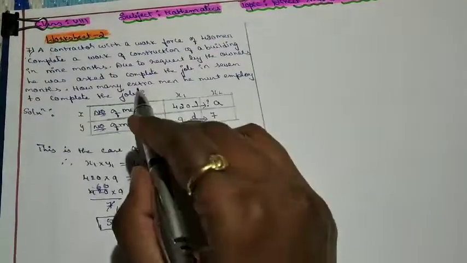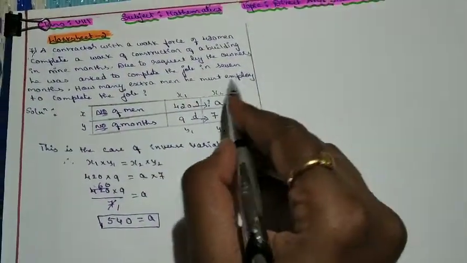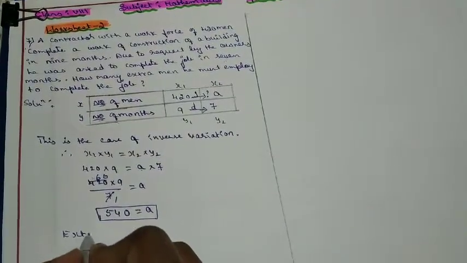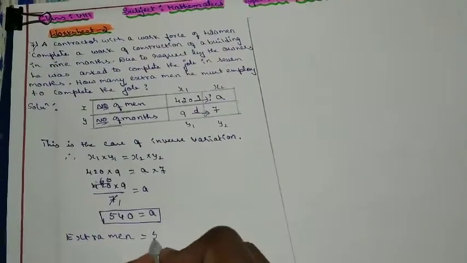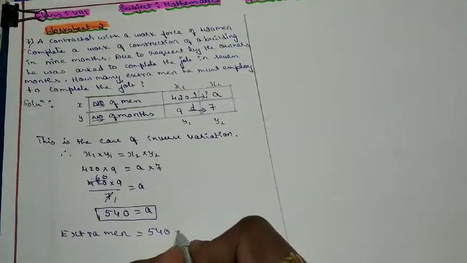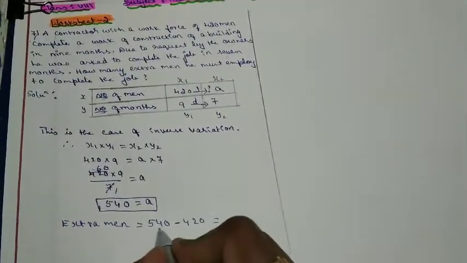But children, here he is asking how many extra men must be employed. So extra men equals, initially we required 540 men, but in that already 420 men were employed. So how many extra were required, that we need to check.